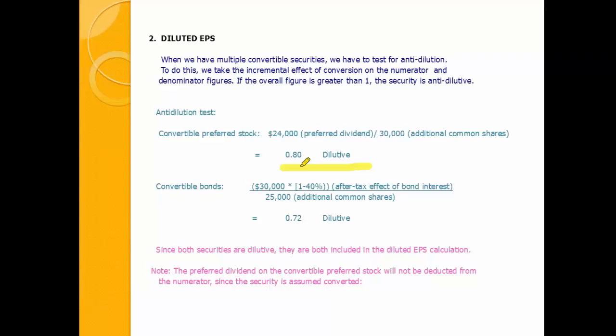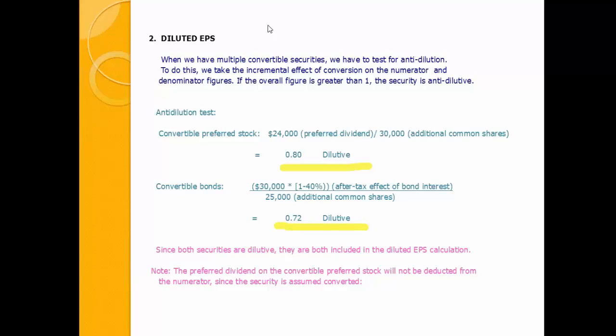Now let's look at the convertible bonds. It's times 1 minus 40%, so it's 60%. So it's 30,000 times 60% divided by the conversion factor, which is an additional 25,000. Therefore, the bonds have the net effect of 72 cents on the diluted earnings per share.